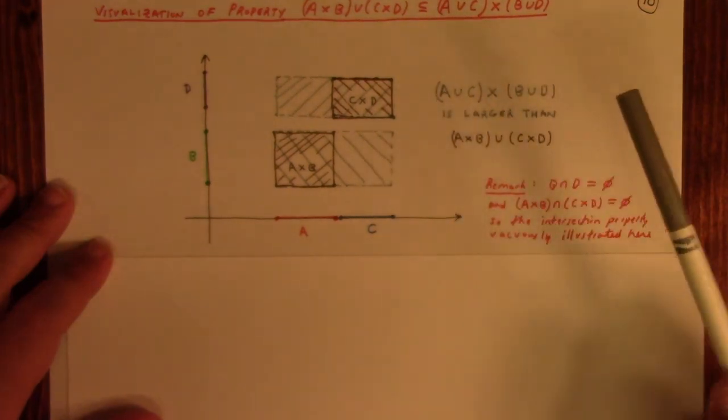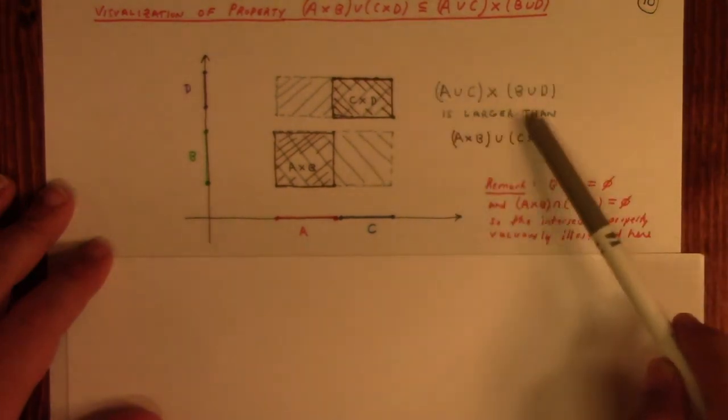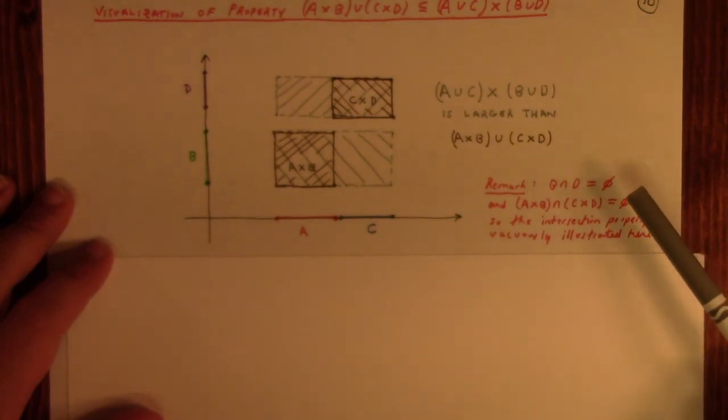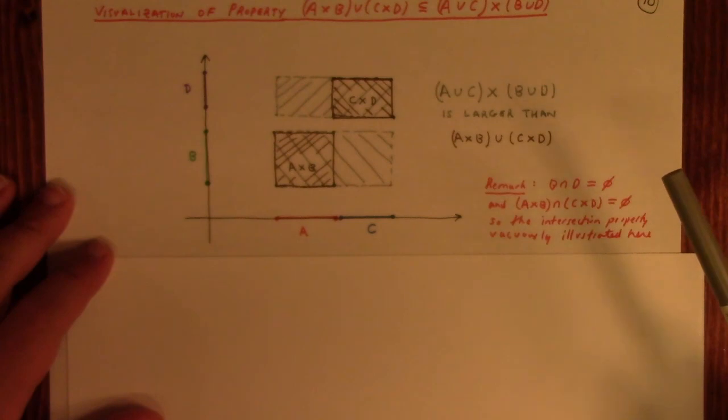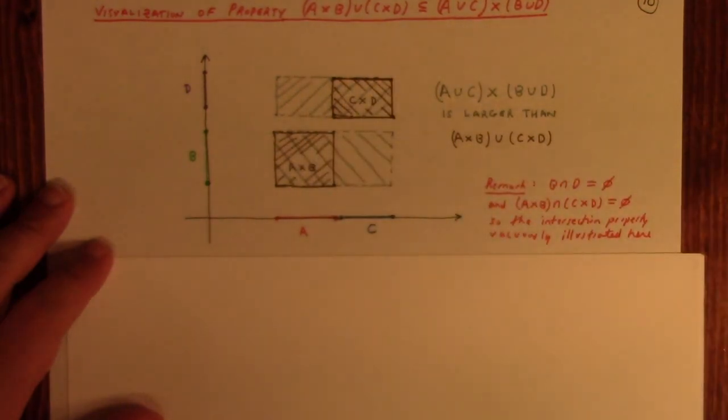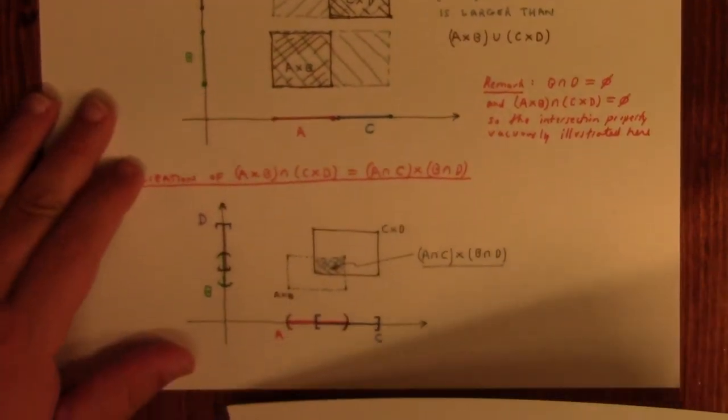That's why this in gray is larger than that in brown. Now the other identity is kind of stupidly true in this picture. B intersect D is empty, and A cross B intersect C cross D, the intersection of this and the brown one, is also empty.